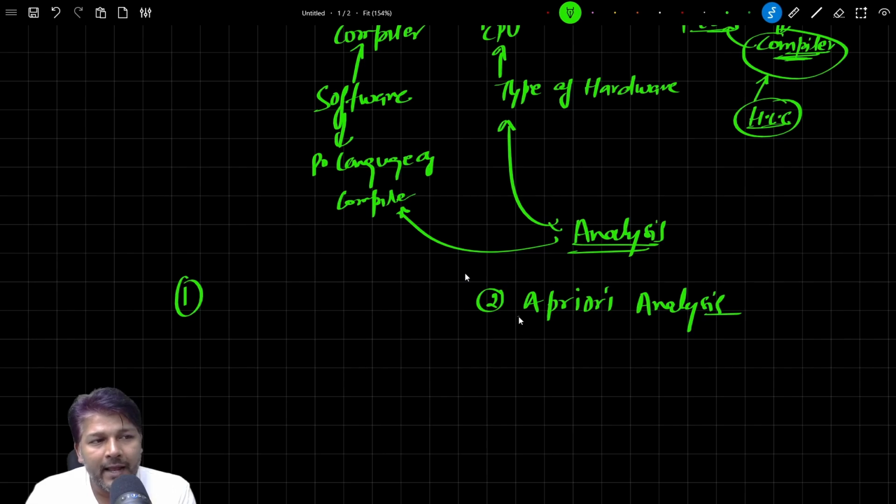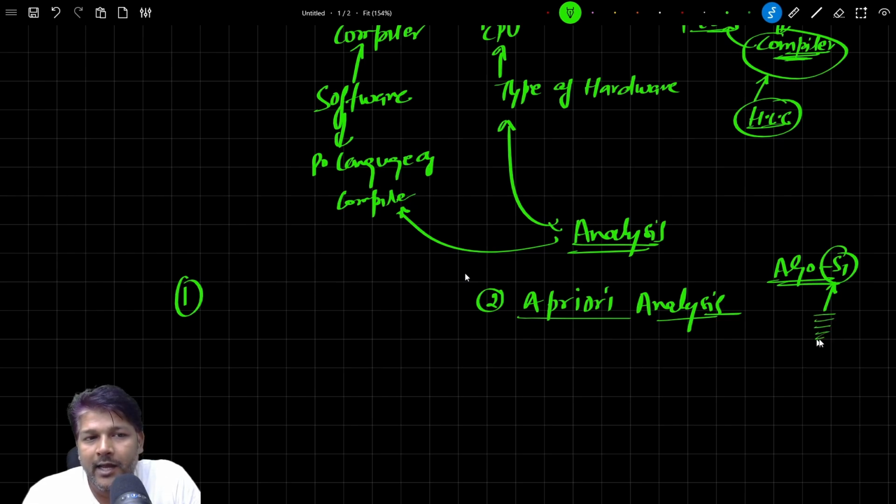Okay, so priori analysis क्या कहता है? What you can do? No need to implement your code. First, if you have an algo S1, what you need to do is analyze your algo by some blueprint. Algo is nothing but a blueprint, how you are going to solve your problem. So you can analyze your algo.